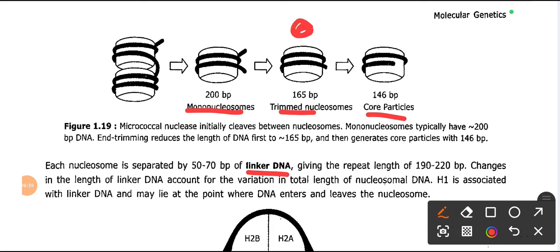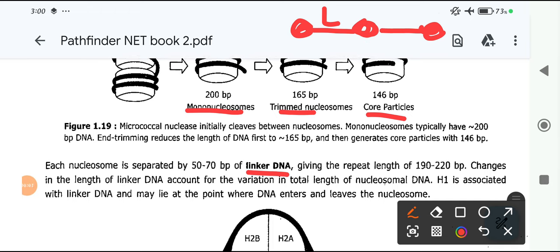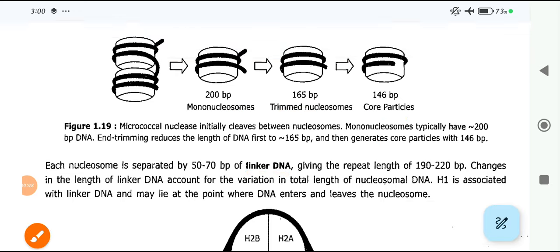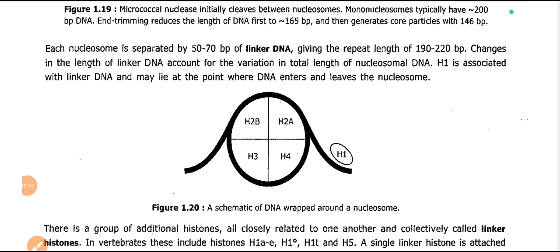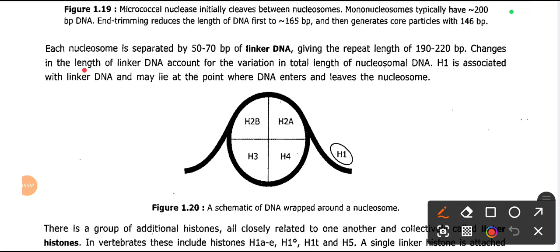If this is one nucleosome, this is another nucleosome, they are separated by linker DNA, giving a repeat length of 190 to 220 base pair. So changes in the length of linker DNA account for the variation in the total length of nucleosomal DNA.